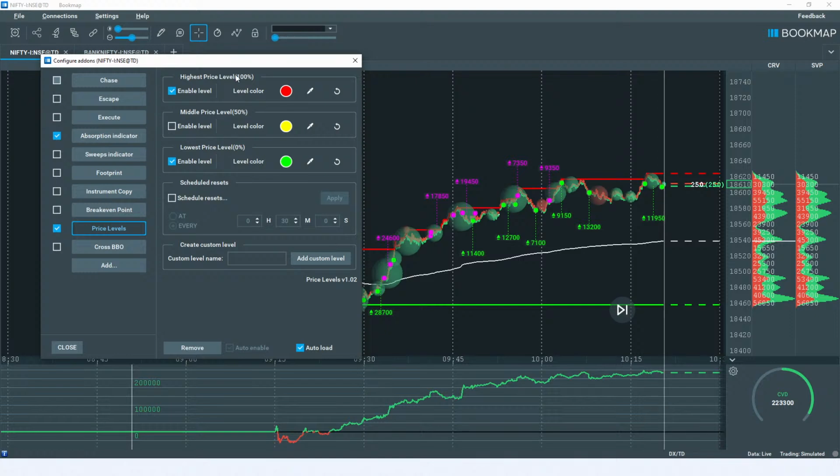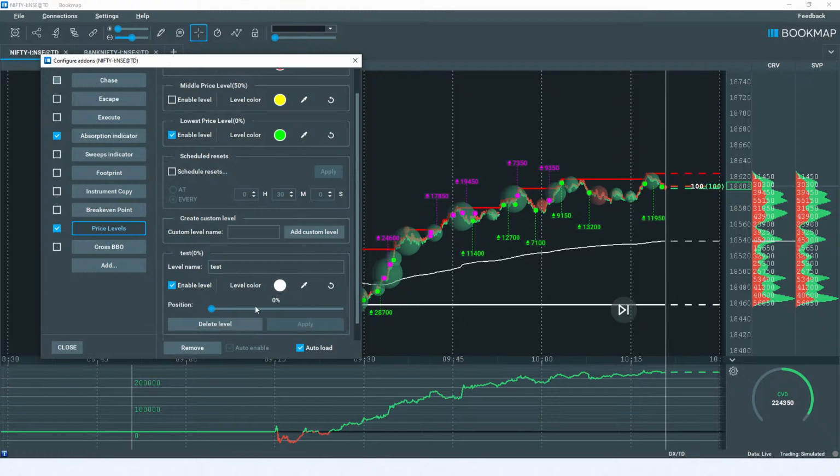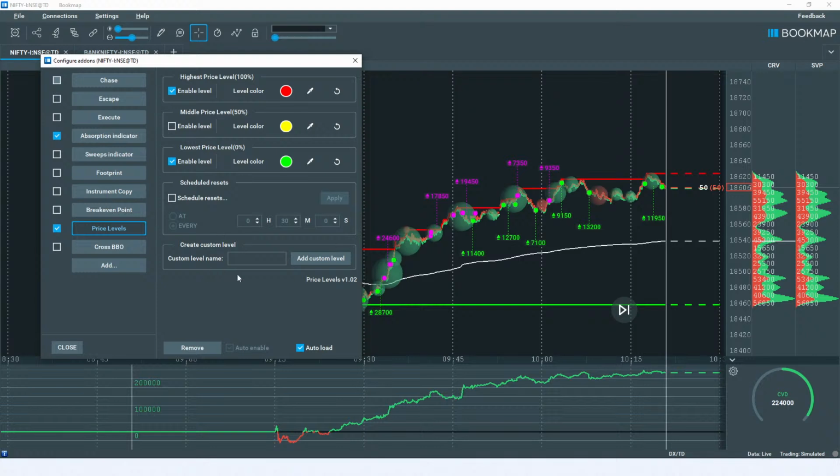Price levels is where we can monitor the present day high and low, and also add custom levels. Just a moment. Okay, let me check this out and get back to you.